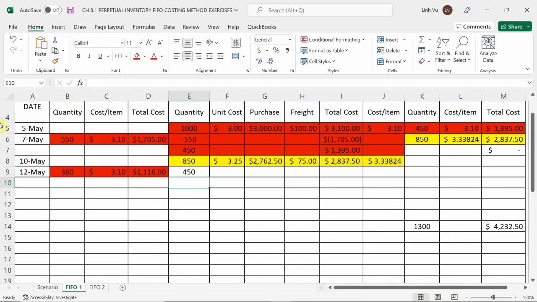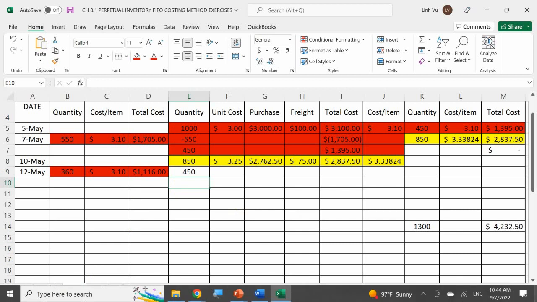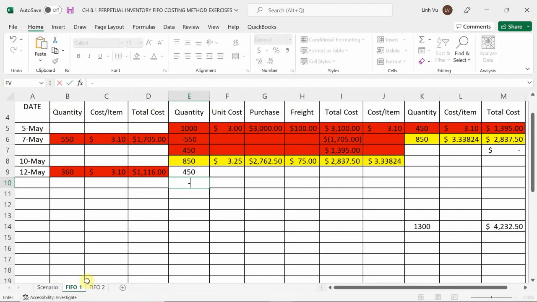And then eventually we'll take them off. So in this case, I got red of 450. I just sold 360 units. So how much should I have left remaining? You have 90. Good.